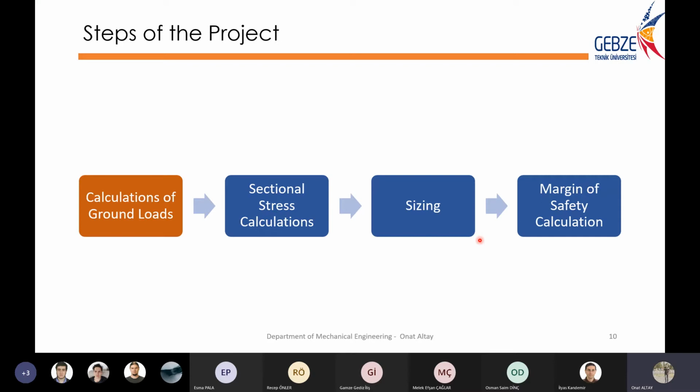The steps of the study, beside the literature review, are calculations of ground loads, and sectional stress calculations. These are rectangular, I and C cross sections, which are the most common sections for forks. Then sizing and margin of safety calculation based on the von Mises yield criterion.